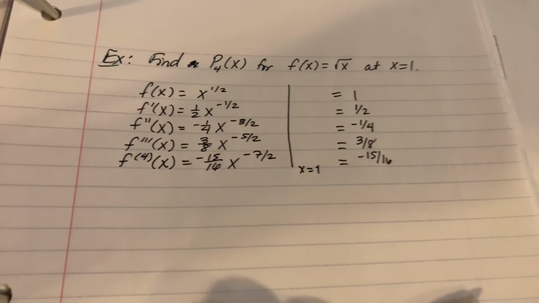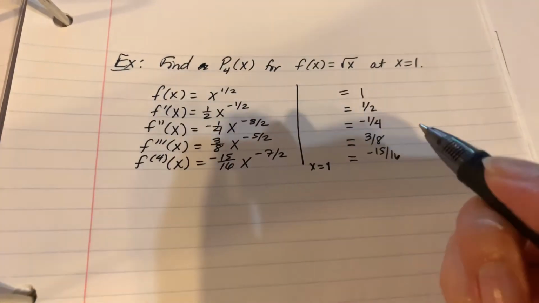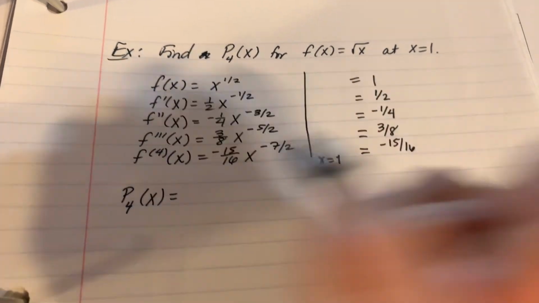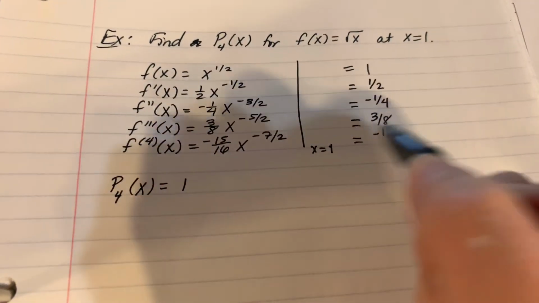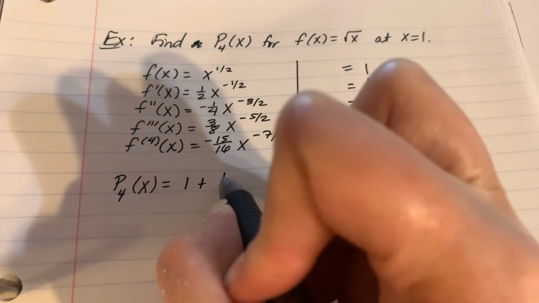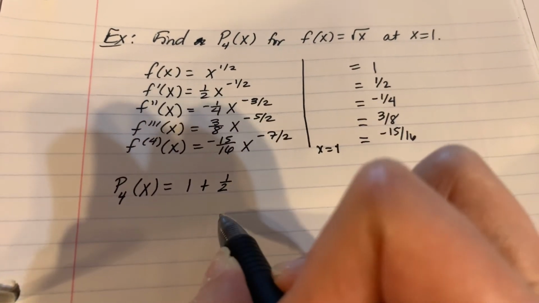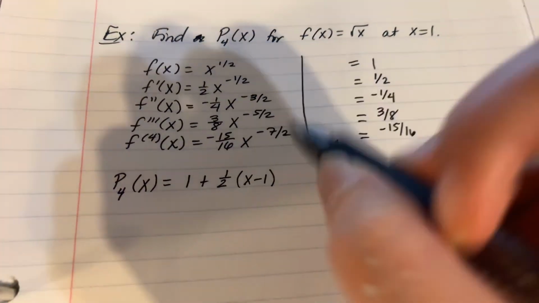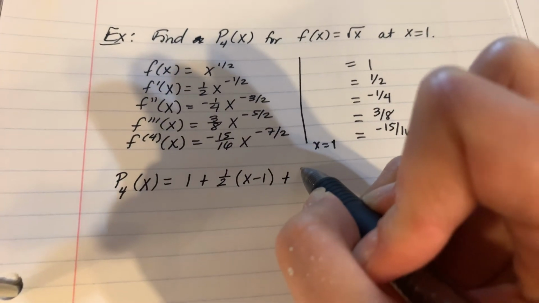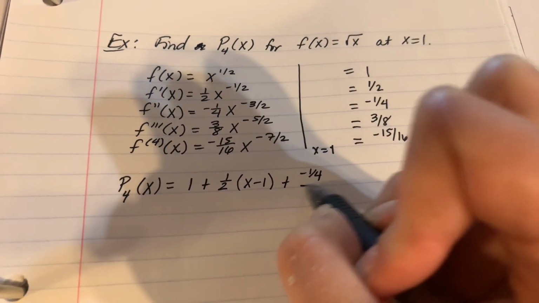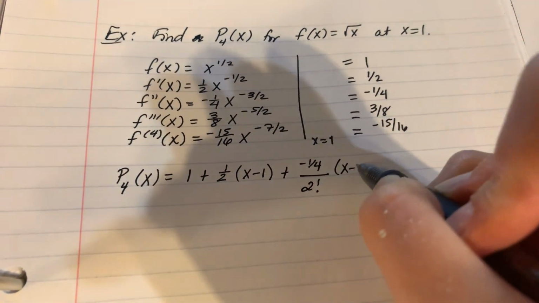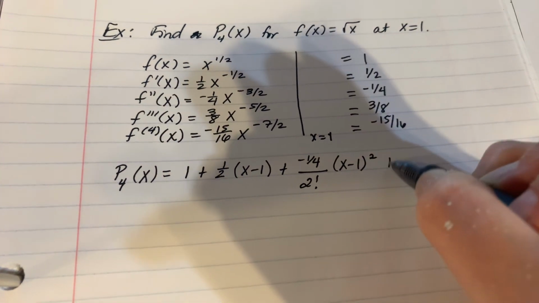Okay, and then now I'm going to use those to write my P4. 1 plus 1/2 over 1, right? x minus 1 to the first. Plus negative 1/4 over 2 factorial x minus 1 squared.